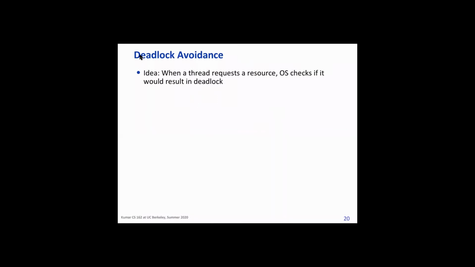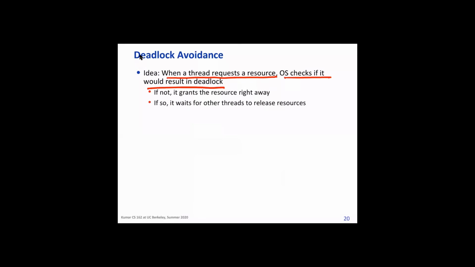When a thread requests a resource, the OS checks if it would result in deadlock. If not, then grant the resource right away. And if the OS thinks that it may lead into deadlock, wait for other threads to release the resources and then give resources to this thread.